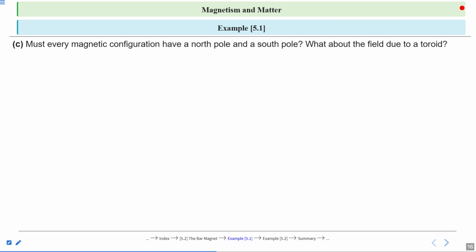We have not discussed the toroid in detail in the previous chapter, but a toroid is formed when we hold the ends of a solenoid, bend the solenoid and touch the two ends, making a circular configuration. That circular configuration is called a toroid.